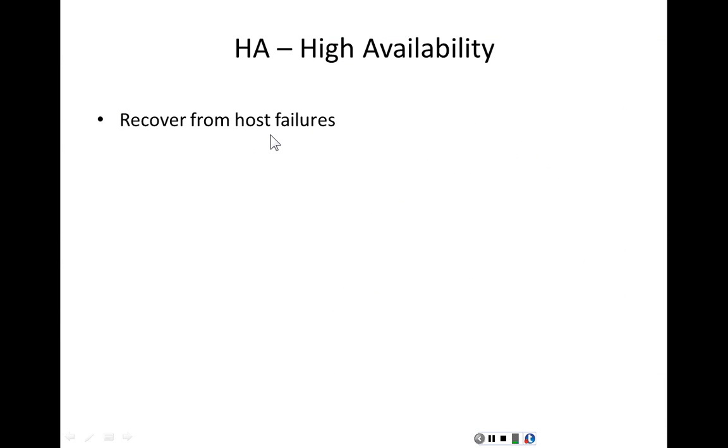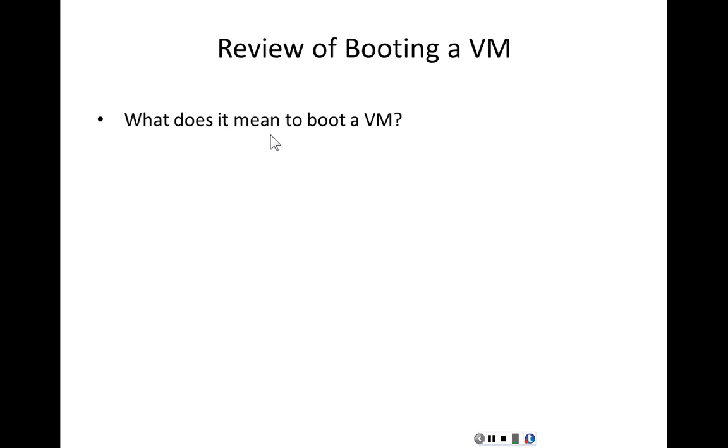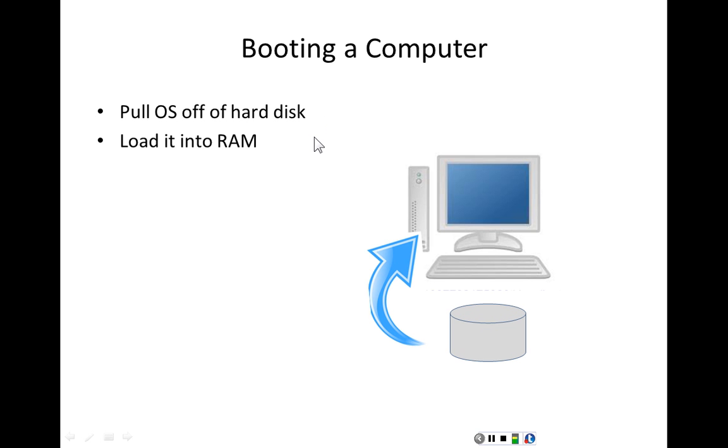But before we discuss high availability, let's review what it means to boot a virtual machine. Well, I think everybody knows what it means to boot a computer. When you turn a computer on, the operating system comes off of the hard disk and is loaded into the RAM of the computer. That's the definition of booting.